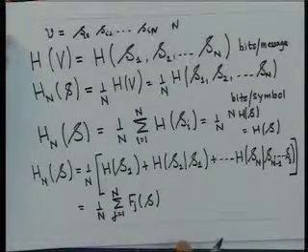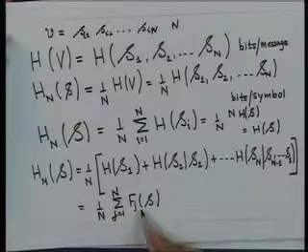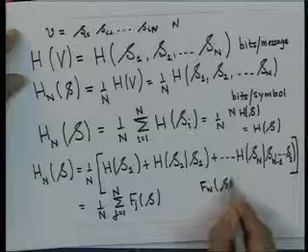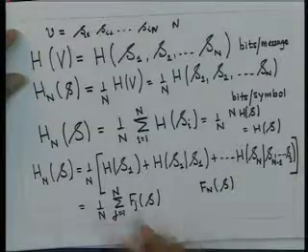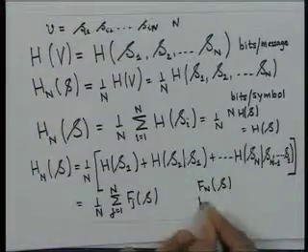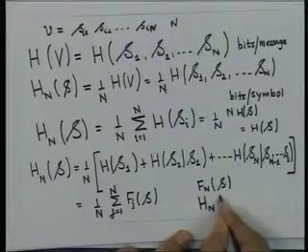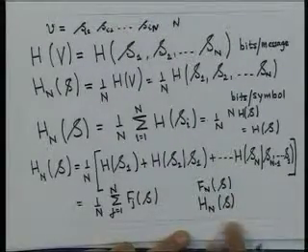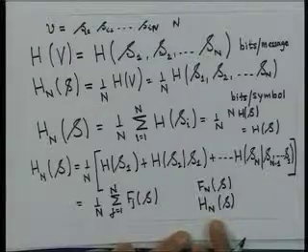Now, as was the case for Fn(S), we can similarly show that H_n(S) is a monotonic decreasing function of n, and it will be interesting to find out that the limiting value of H_N(S) turns out to be the same as the limiting value of Fn(S).